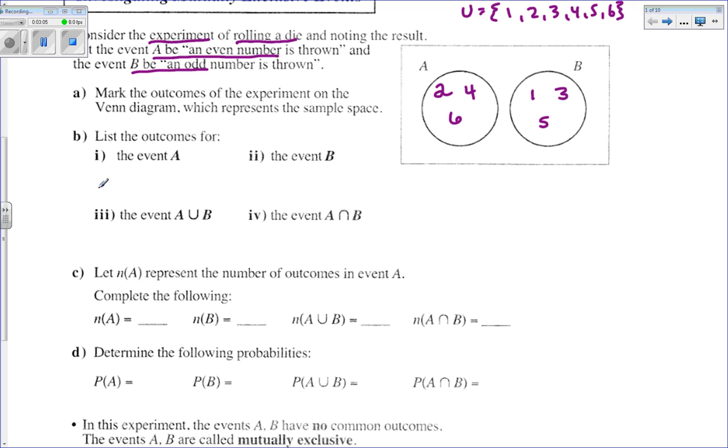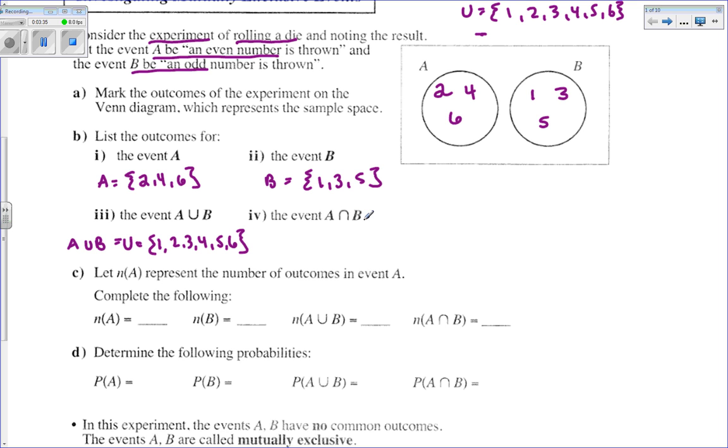The outcomes for event A are 2, 4, and 6. The outcomes for event B are 1, 3, and 5. The event A union B, so A or B, is the same as the universal set: 1, 2, 3, 4, 5, and 6.